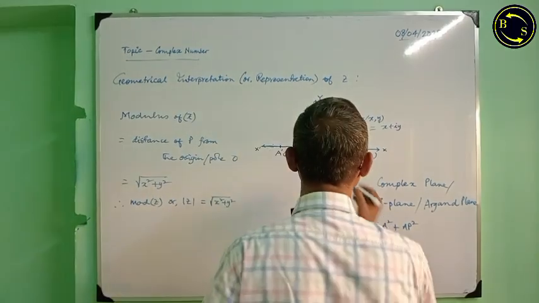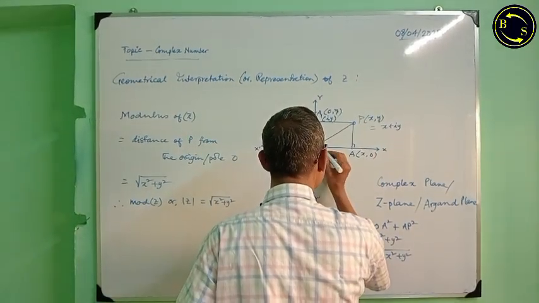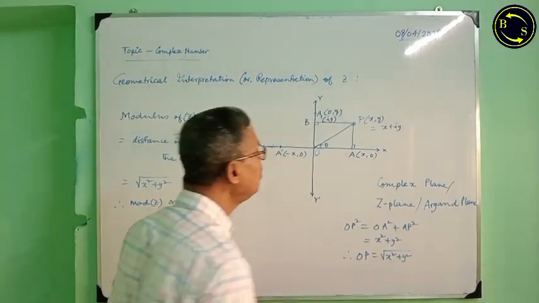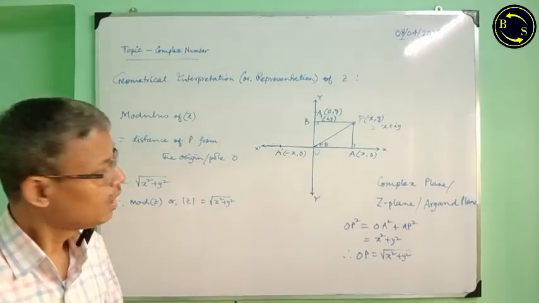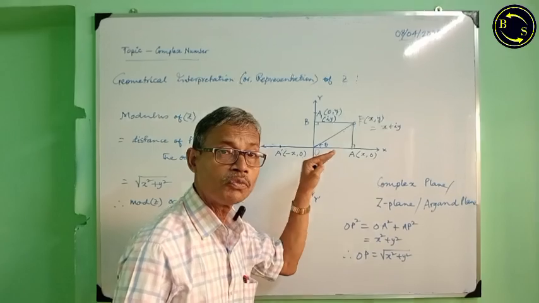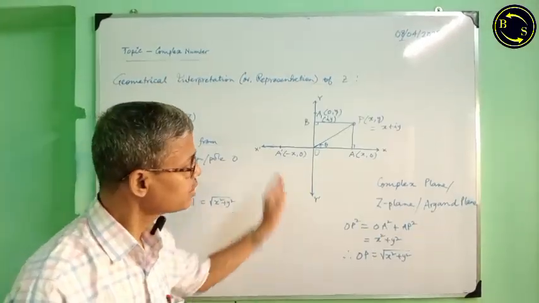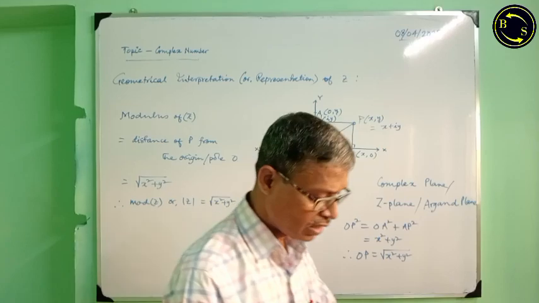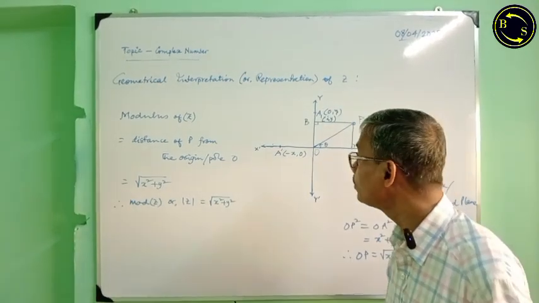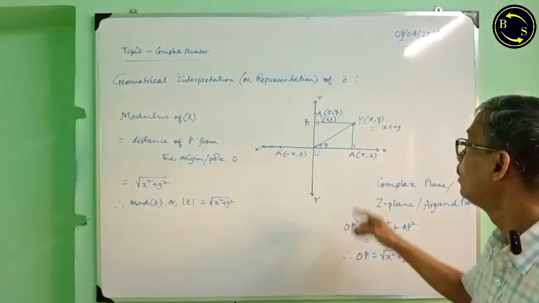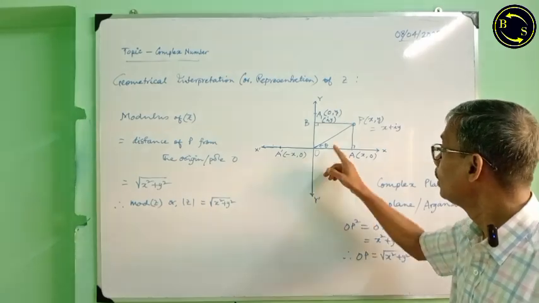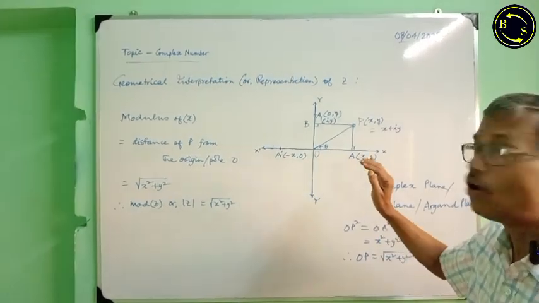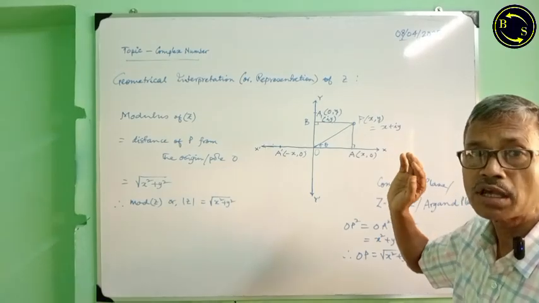Now, you see the angle made by OP with the positive direction of the x-axis in this diagram. Actually, I have taken the point which is lying in the first quadrant, theta. That is the amplitude of the complex number x plus iy.